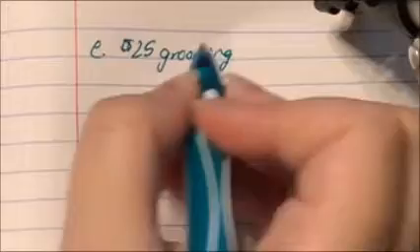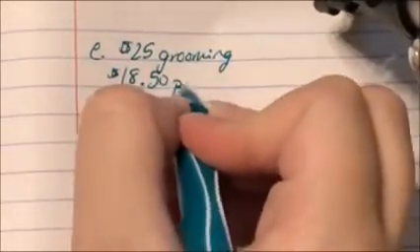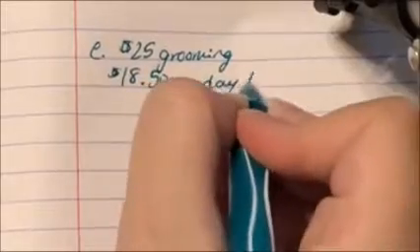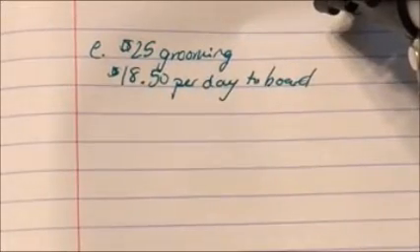Okay. So he gets $25 for grooming, $18.50 per day to board. Okay, so when it says Paul earned M for grooming a dog once and boarding it for any number of days.